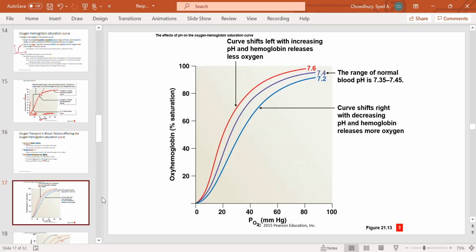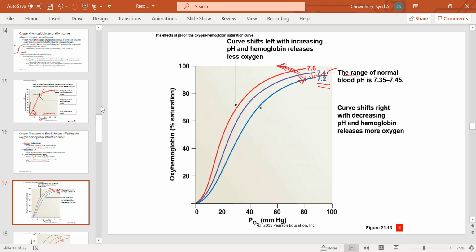Here you see the normal curve. This is 7.4, the normal pH of blood, and if the pH goes down, the saturation will be less. This way saturation is more. So if the curve moves this way, saturation is more. If the curve moves this way, saturation is less. Okay, so low pH, meaning acidic, will decrease the saturation.